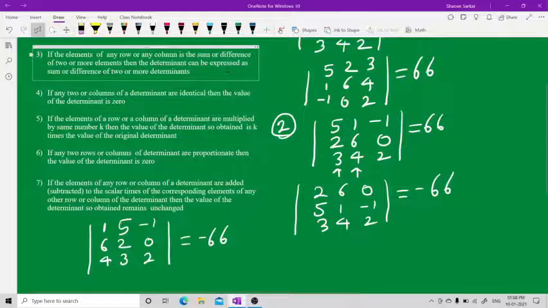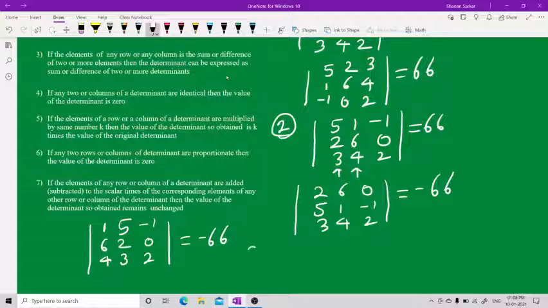If the elements of any row or any column are the sum or the difference of two or more elements, then the determinant can be expressed as the sum or difference of two or more determinants. Suppose I write this third one.